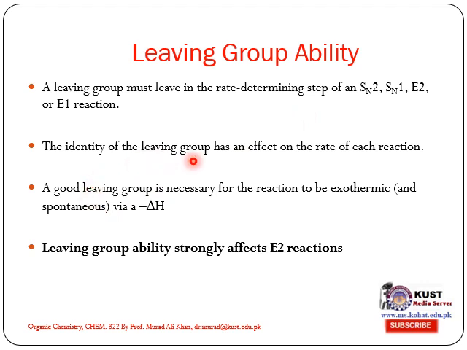The identity of the leaving group has an effect on the rate of each reaction. A good leaving group is necessary for the reaction to be exothermic and spontaneous via delta H. The leaving group ability strongly affects the E2 reaction. As we have discussed, the better the leaving group, the better the E2 reaction, because the leaving group is directly involved in the rate determining step of the reaction.